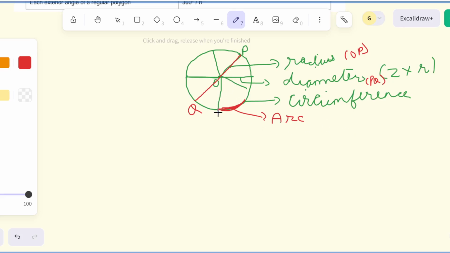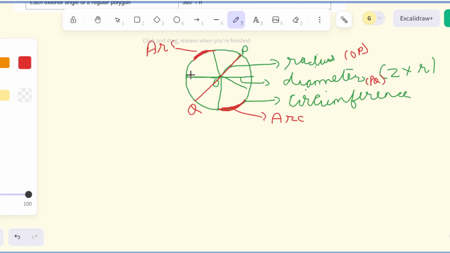It is not a line, it's a part of the circle. It will be curved only, not a straight line. A part of the circle is an arc, a part of the circumference of the circle.